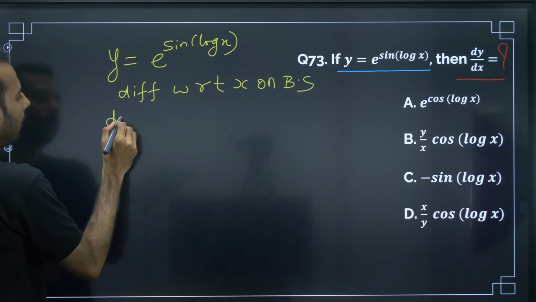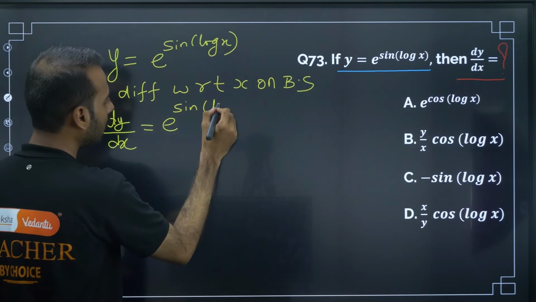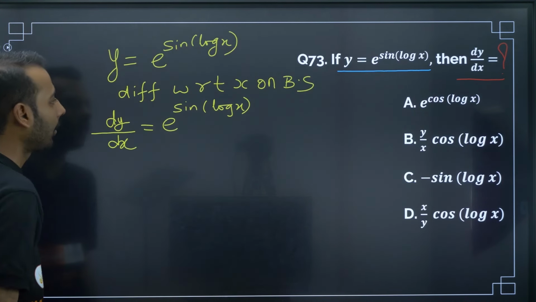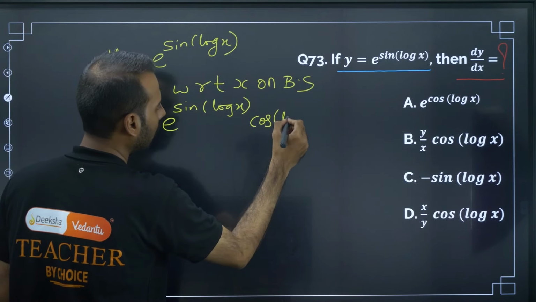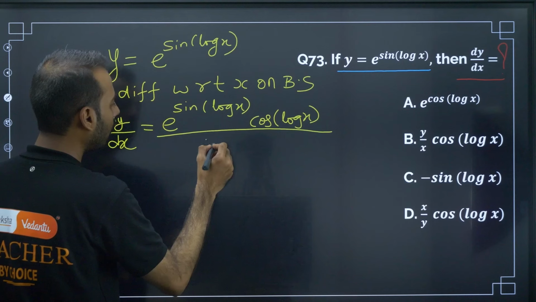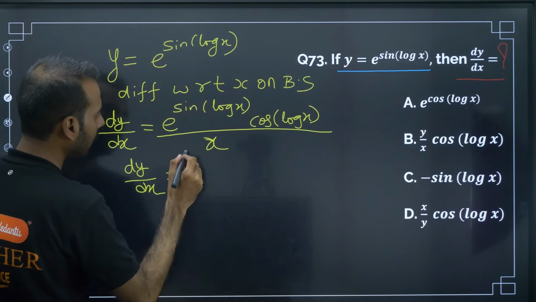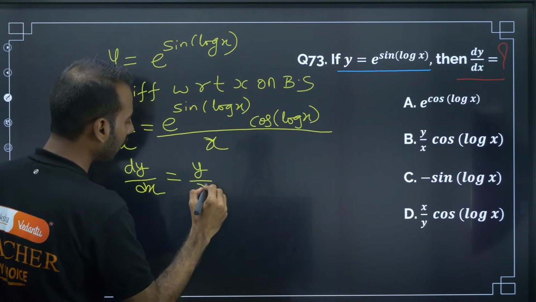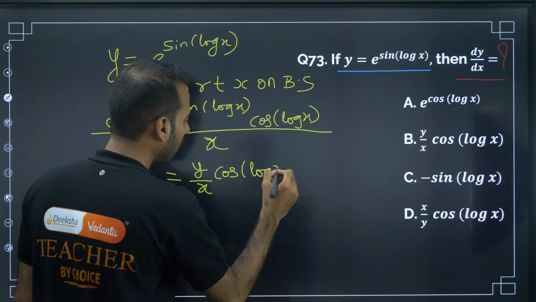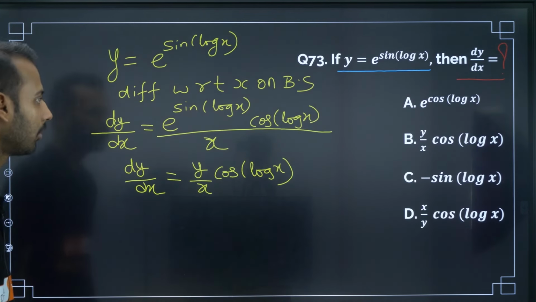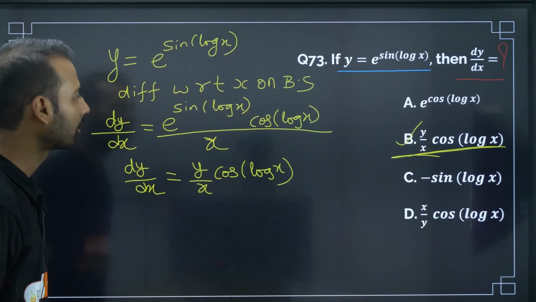So dy by dx, differentiation of e raised to x is e raised to x. Differentiation of sine is cos log x, differentiation of log is 1 by x. So dy by dx is y by x cos log x. So answer for this is B, y by x cos of log x.